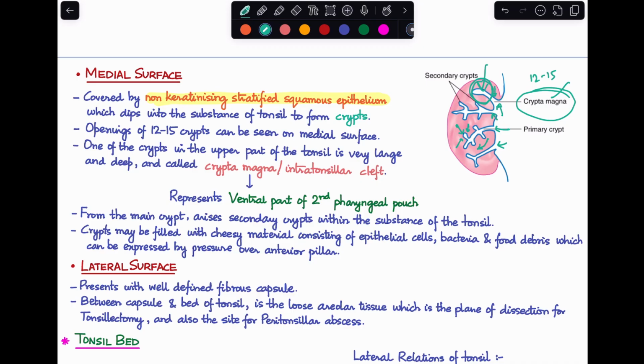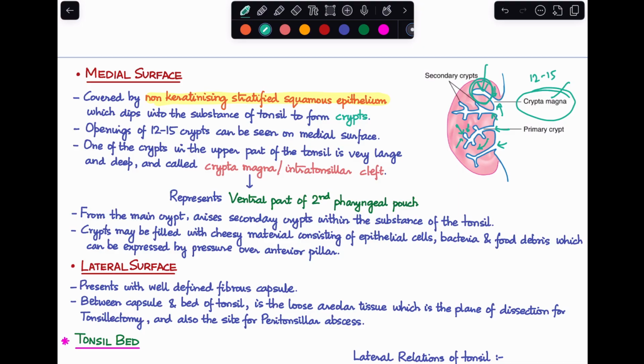So, an important part about the medial surface is knowing the crypts over here and how these crypts can get accumulated with certain material, leading to this cheesy appearance. And when you press on the anterior pillar, in a case of tonsillitis, this cheesy material can get expressed out.